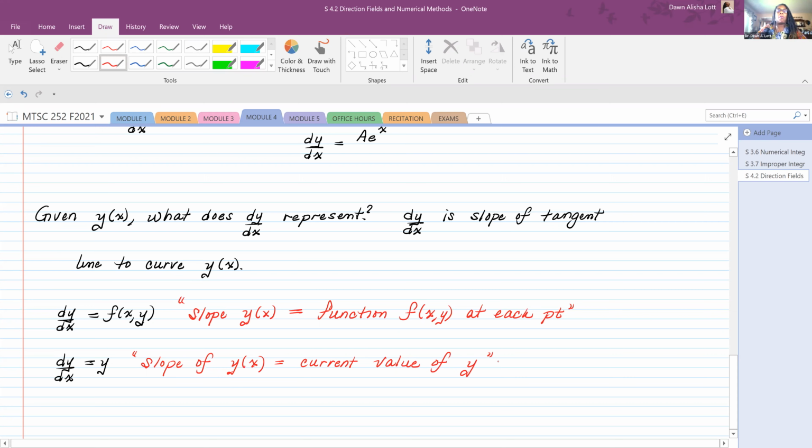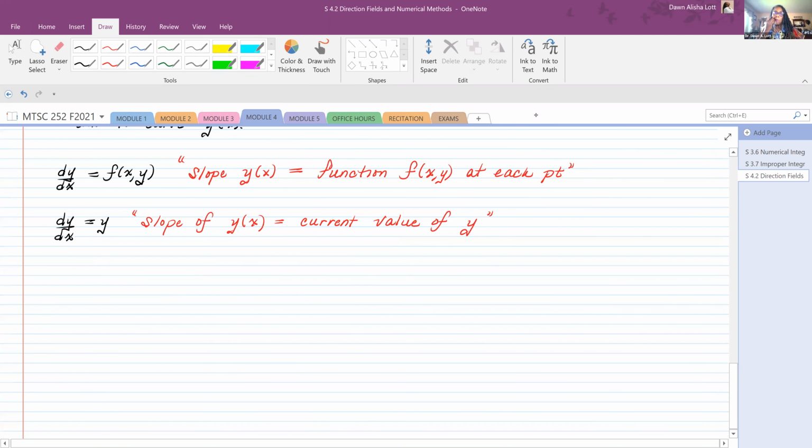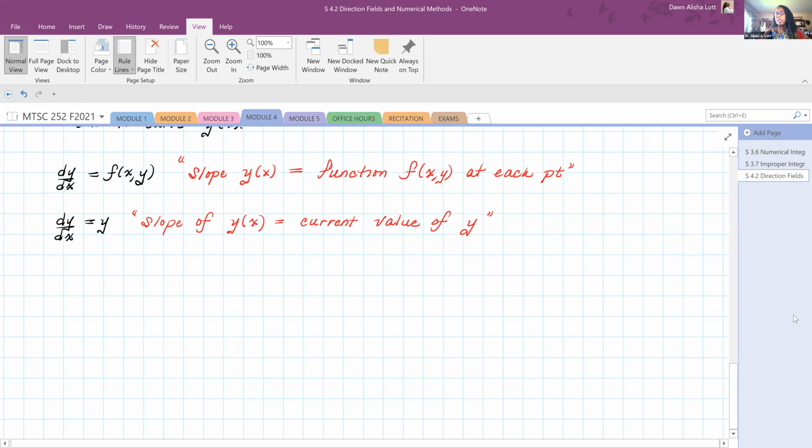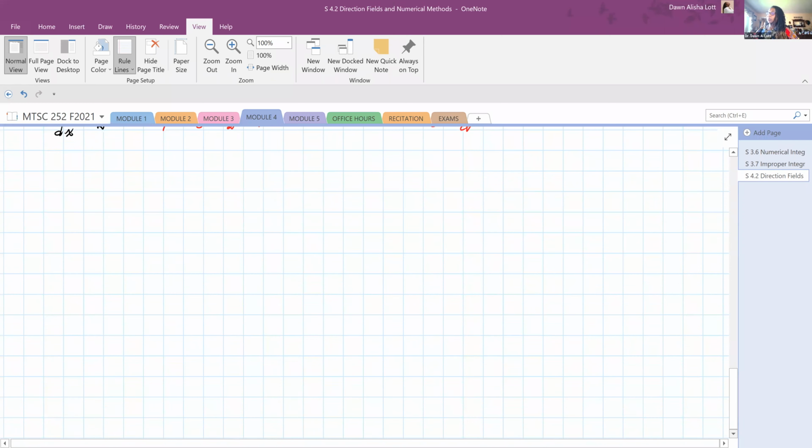So let's draw that. I'm going to change my grid. Now mine needs to be a lot more precise than yours in order for you to understand this, so I'm going to try to do the very best I can.